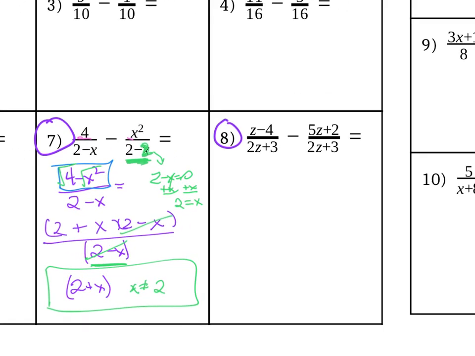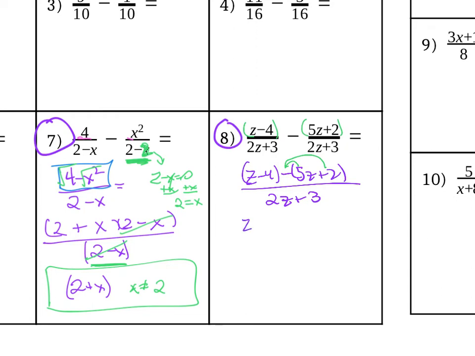Number 8. So we're going to go ahead and combine like terms here. So let's go ahead and subtract z minus 4 minus 5z plus 2. I'm going to put parentheses here to remind us about that. So this is z minus 4 minus (5z plus 2) over 2z plus 3. And with this one, because we're subtracting, we have to distribute that negative in there.